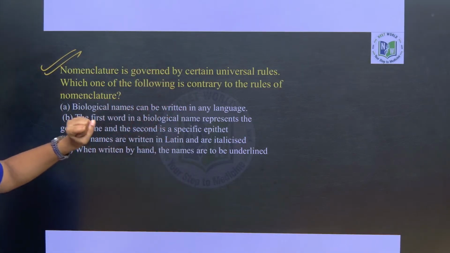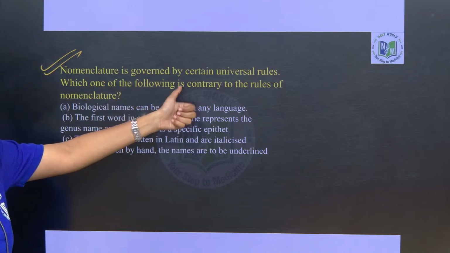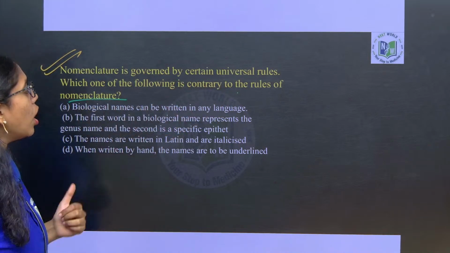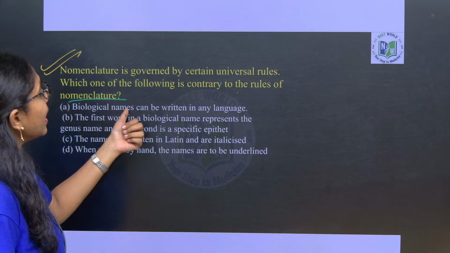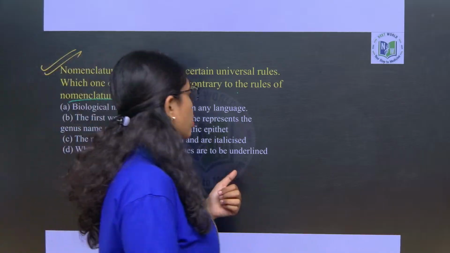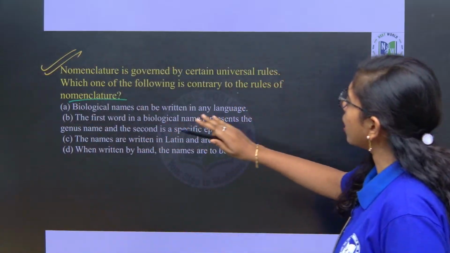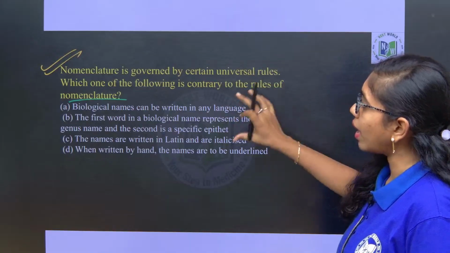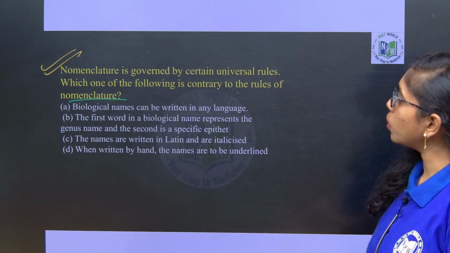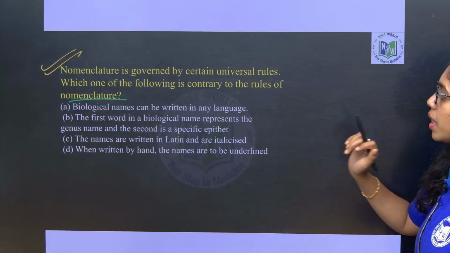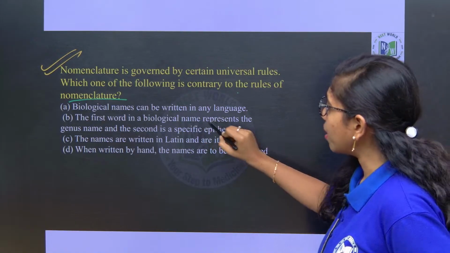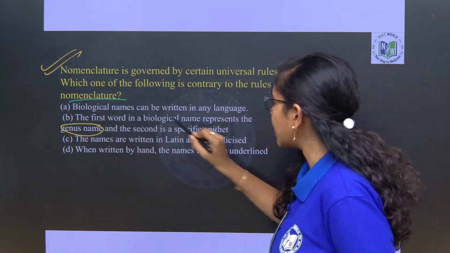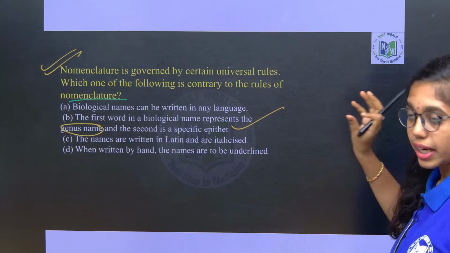Next, if you see, nomenclature is governed by certain universal rules. Which one of the following is contrary to the rules of nomenclature? Biological names can be written in any language, wrong. So, here we have to choose the one which is applicable to the universal laws of nomenclature. The first word of the biological name represents the genus and the second is the species epithet, that is correct.